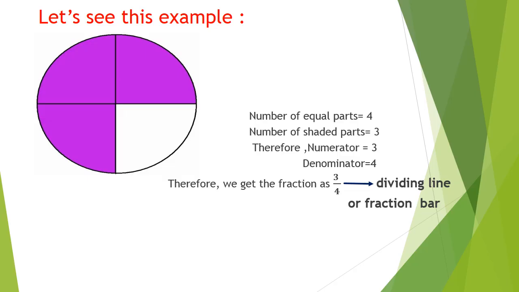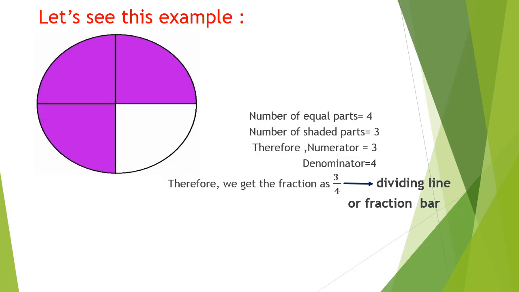Shaded parts are 3. So, as in the previous slide, the number of equal parts represents your denominator and the number of shaded parts represents your numerator. The numerator is the number above and the denominator is the number down.